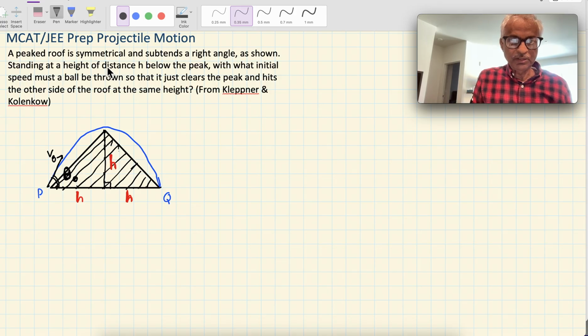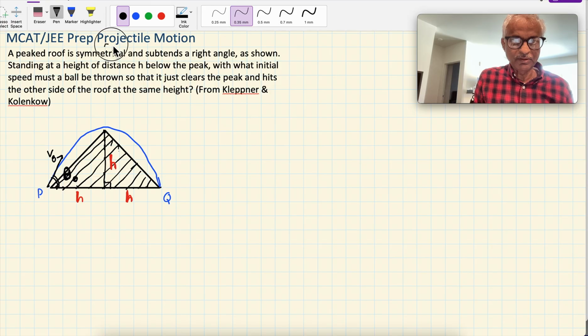So going back to the projectile motion part, I know we've done that before, but this is a really interesting problem. You shoot this, and you start from some point P, which is a height h below the peak of this roof, and you shoot it, and then it lands over here, but it just clears here.